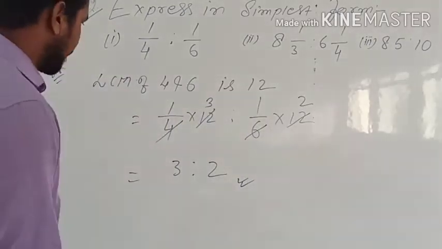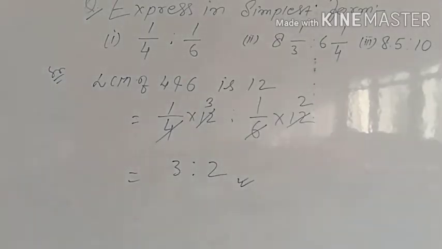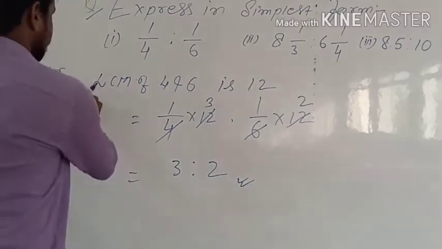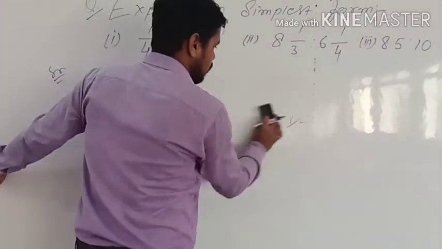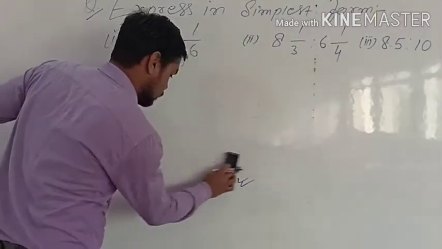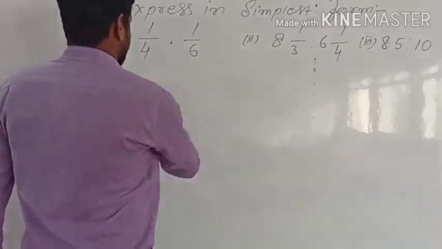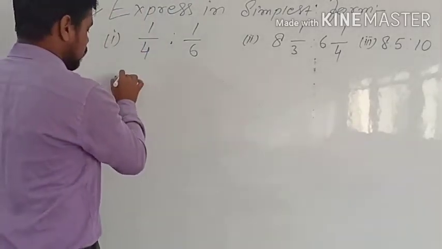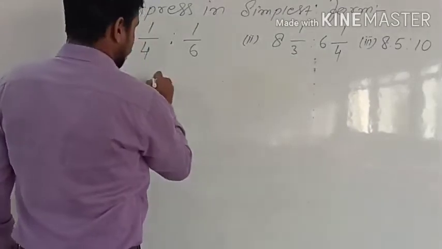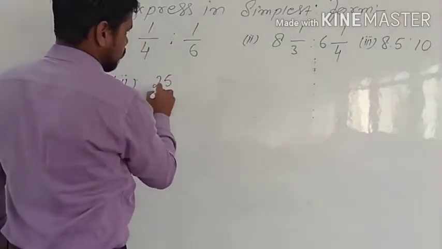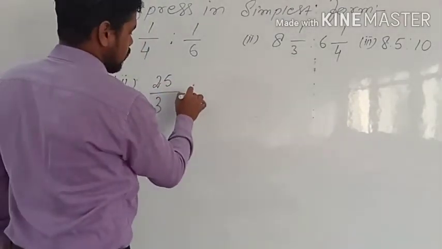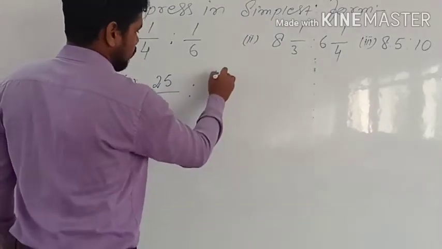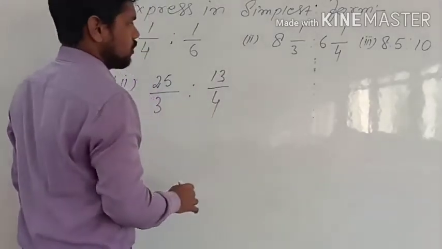Okay. Then we are moving to question number 2. So the second one which we have is 3 8 24, 25 by 3 is to 13 by 4, right?